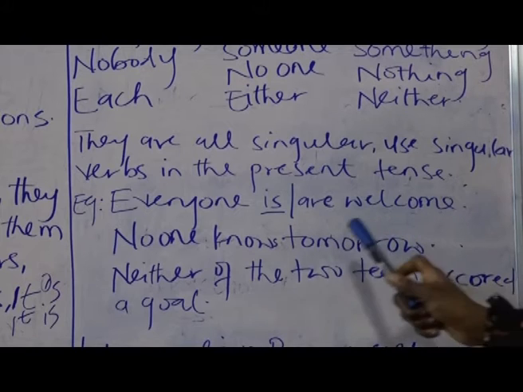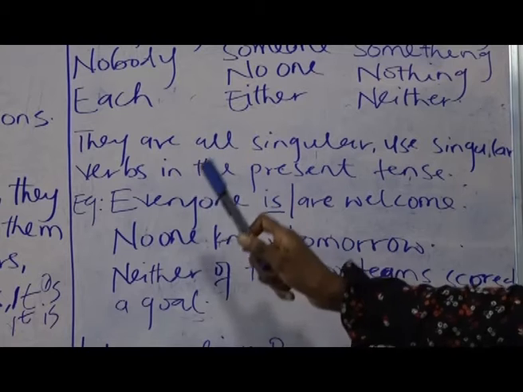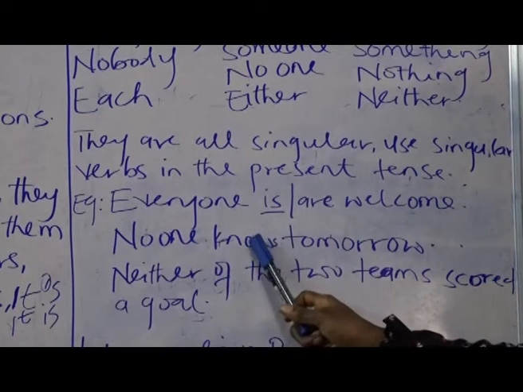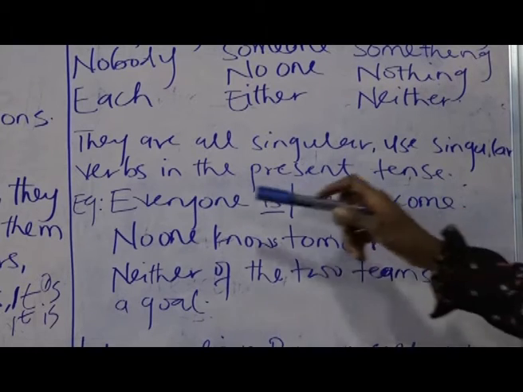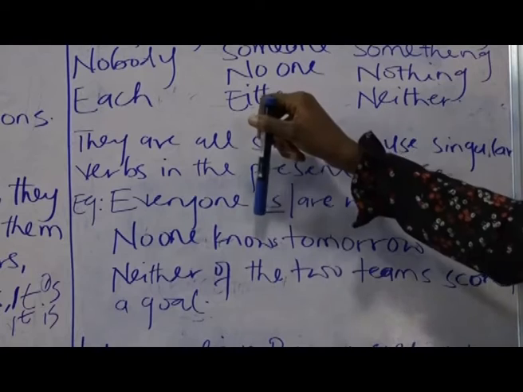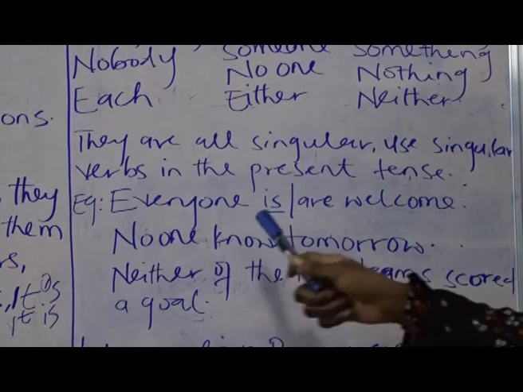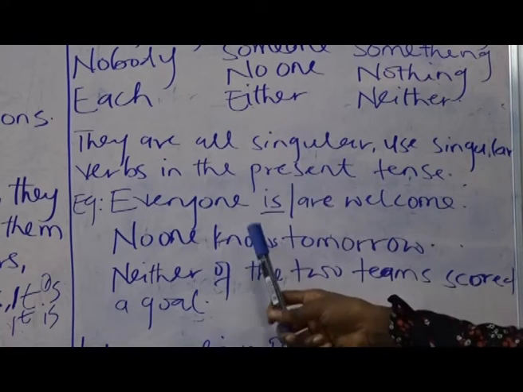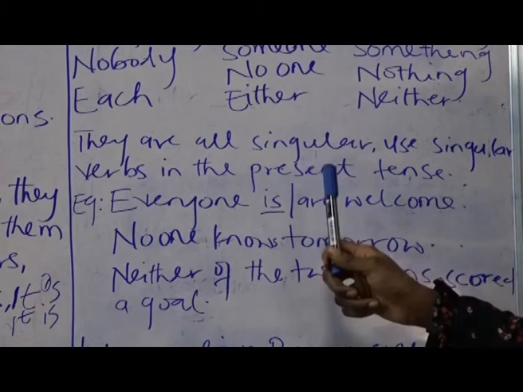This shows the relationship between the subject of a sentence and the verb. We call this in grammar concord. Every subject of every sentence must agree with the verb. So if your subject is singular, your verb should be singular.